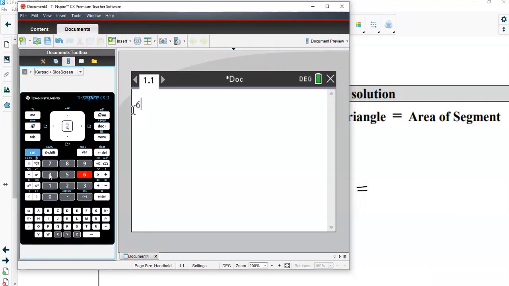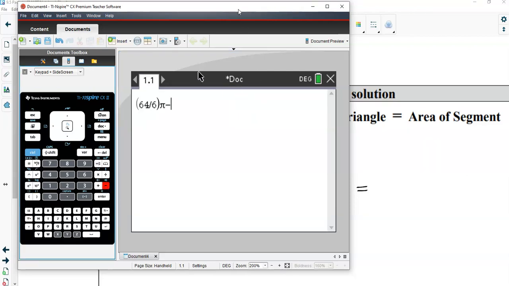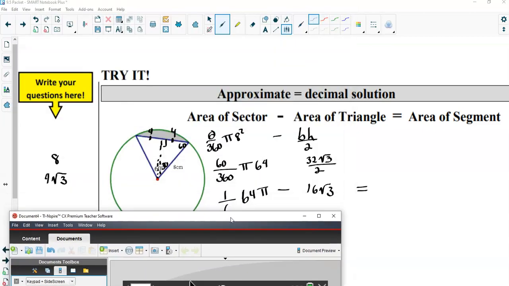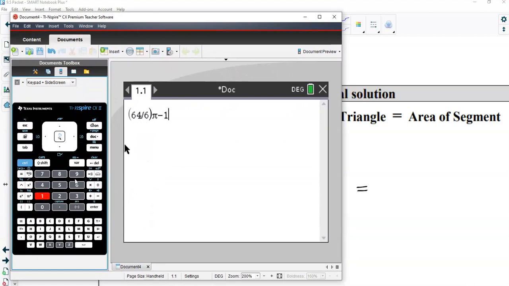So 64 divided by 6 pi, and then subtract 16 square root of 3, and that gives you about 5.8.